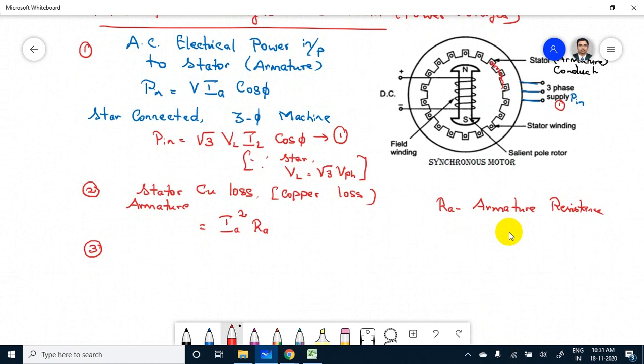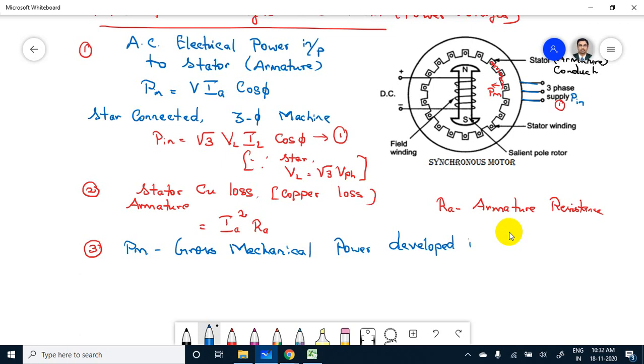There will be a gross mechanical power which will be developed in the armature, that is here between rotor to stator. There will be a gross mechanical power developed, that is PM. PM stands for gross mechanical power developed in armature.